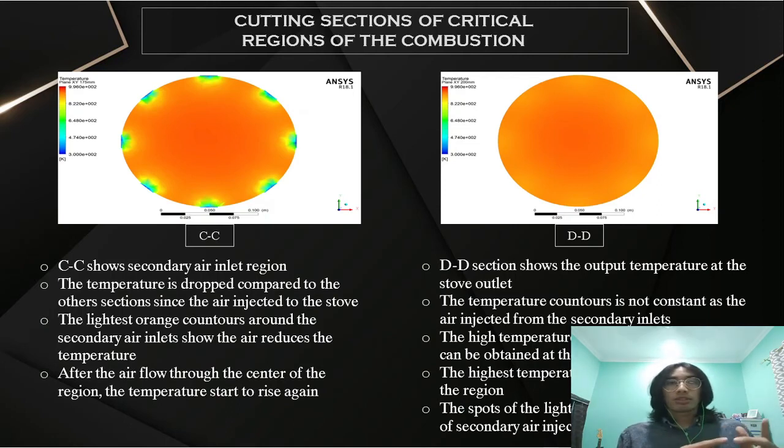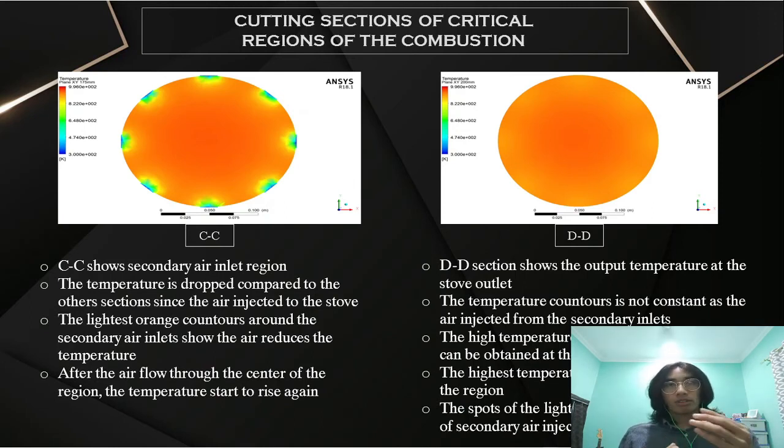Next we move to the DD cutting sections, which show the output temperature at the stove outlet. The temperature is not constant as the air is injected from the secondary inlets, as I mentioned before at the CC cutting sections. Because of this, the output temperature is not constant, but the high temperature can still be obtained at the center of the stove, which you all can see.